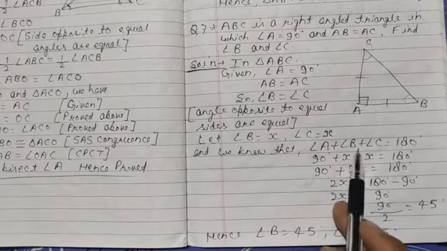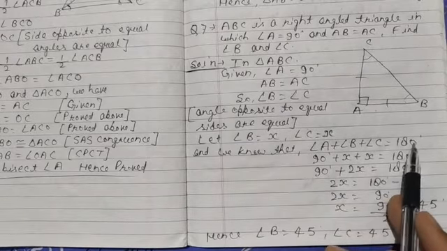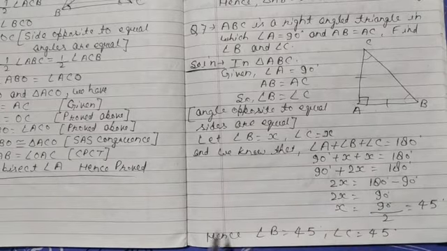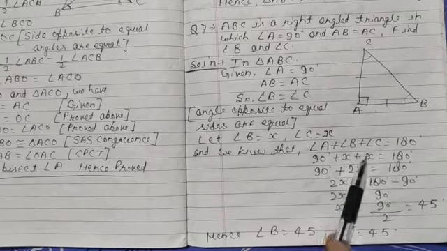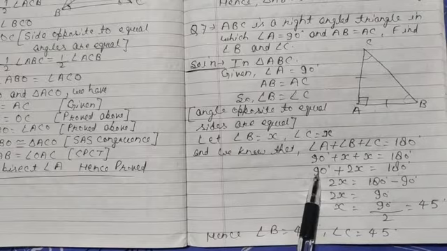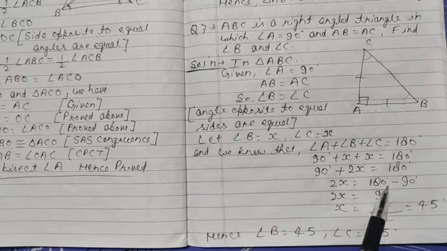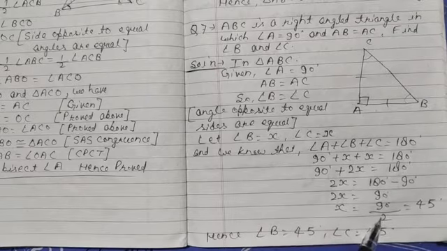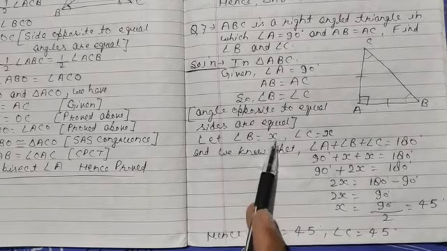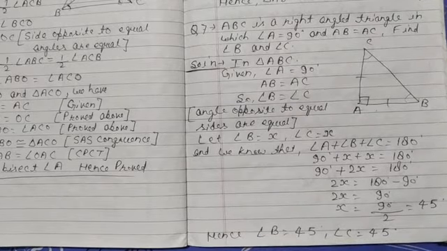Angle A plus angle B plus angle C is equal to 180 degrees. Put in the values: 90 degrees plus X plus X, so 2X is equal to 180 minus 90 degrees, 2X is equal to 90 degrees, X is equal to 90 upon 2, which is 45 degrees. Hence angle B is 45 degrees and angle C is 45 degrees. Exercise 7.2 complete.